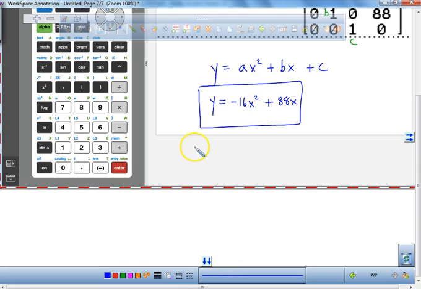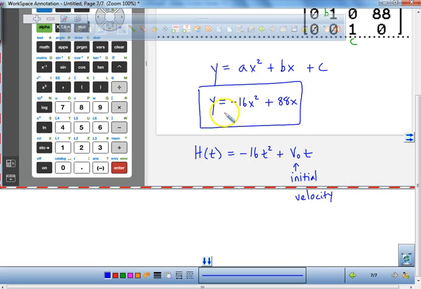In physics, you'll probably see something like h of t equals negative 16t squared plus v sub 0 t, where that means the initial velocity. So I would write that down just so you know what we're going to need to know. Okay?